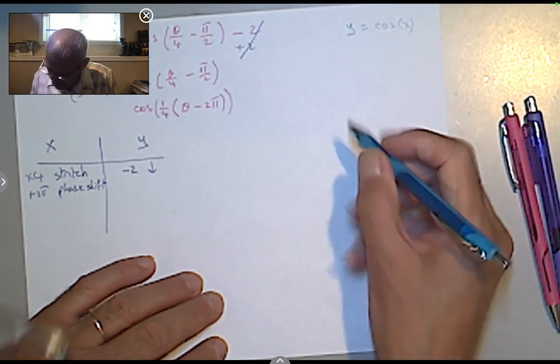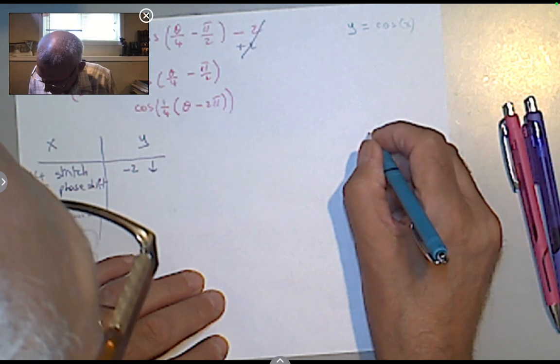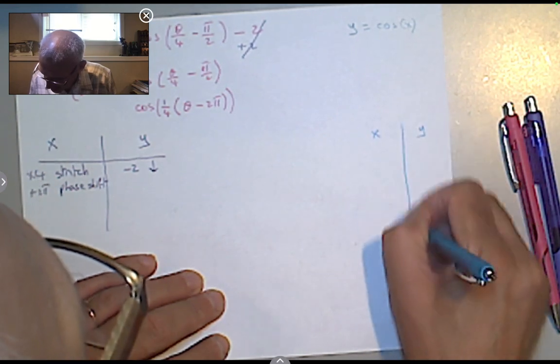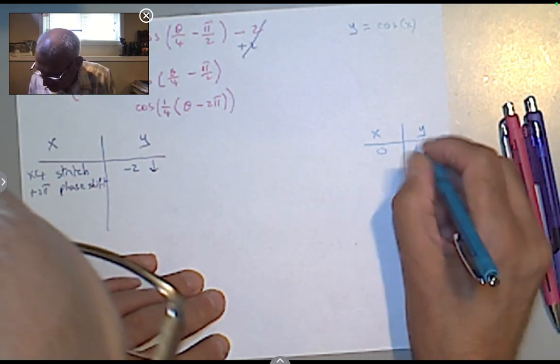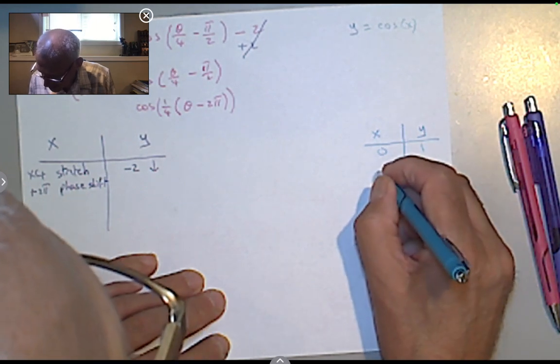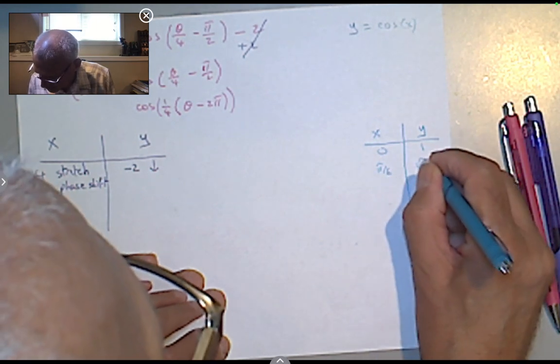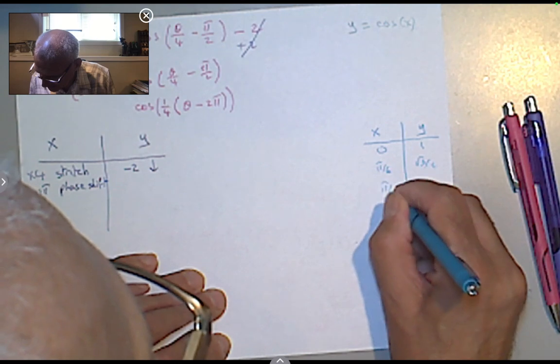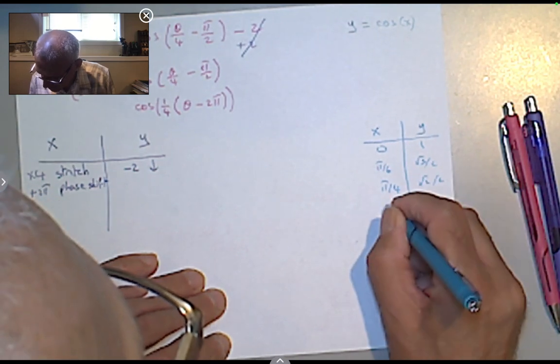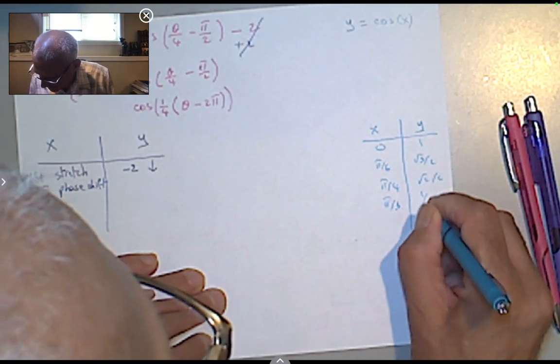I know that here is the cosine, the parent function, x and y. X is 0, I get 1. X is pi over 6, I get root 3 over 2. Pi over 4, root 2 over 2. Pi over 3, it's 1/2.